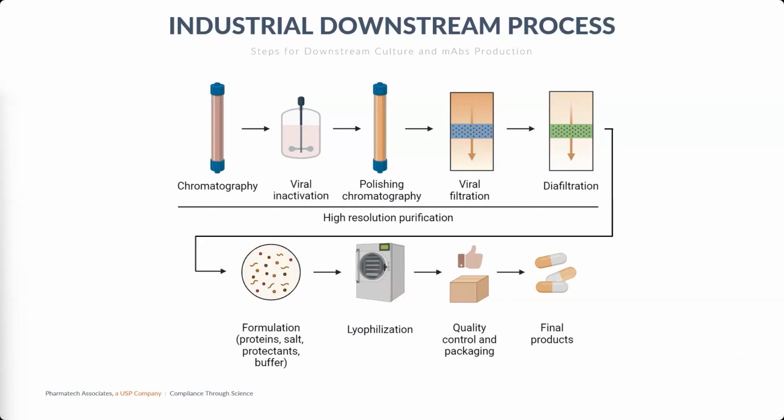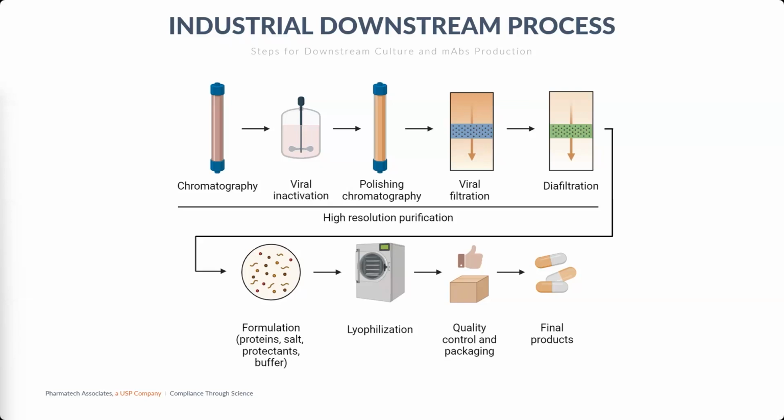First and foremost, and one of the biggest concerns for regulatory agencies, is viral and microbial contamination. As you purify, it's not just good enough to remove byproducts or other cellular components as you isolate your target material. It's also the removal of potential pathogen agents as well.